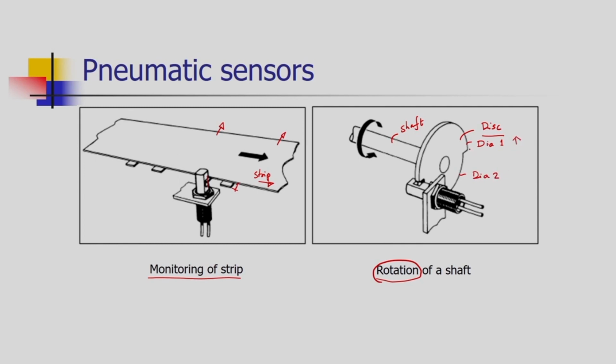When diameter 1 is in contact with the sensor, there is an obstruction of compressed fluid, and that gives a certain signal. When diameter 2 comes in contact, there is no obstruction, there is no material available for the obstruction. So in this case there is a change in pressure in the sensor system, and that gives a different signal. That difference in the signal will lead to some information for the microprocessor.